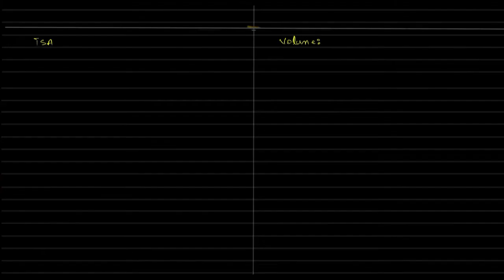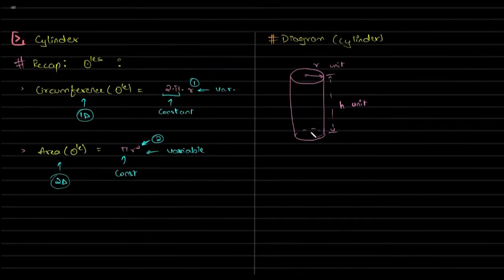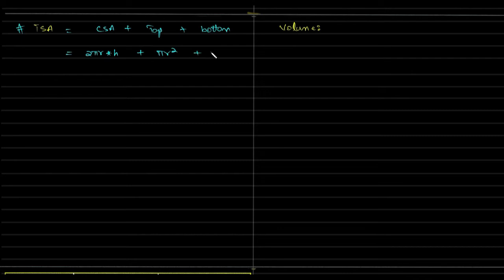So since we are talking about area, it is nothing but curved surface area plus top and bottom areas. So curved surface area we just saw, it is nothing but circumference of the circle into height, plus the top is a circle. Area of a circle is what? Pi r square. Remember, the radius over here is r, is it not? Here too it's r. So the area at the bottom is also, yes, pi r square.